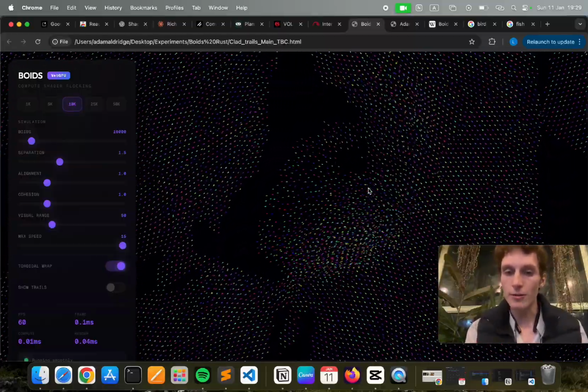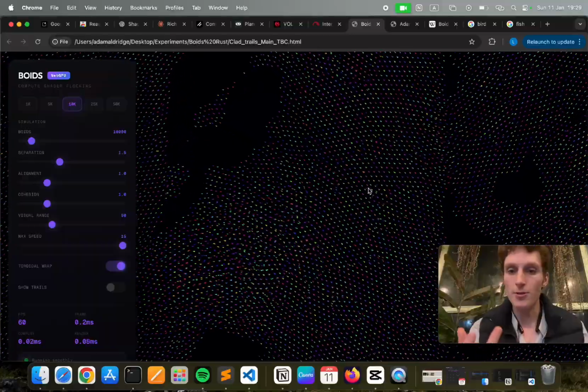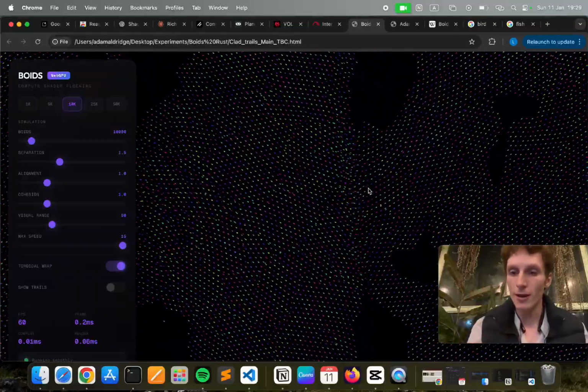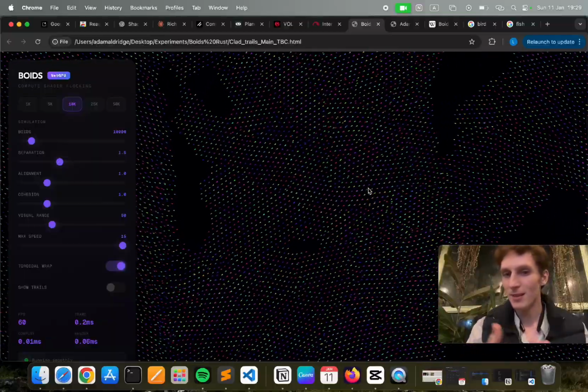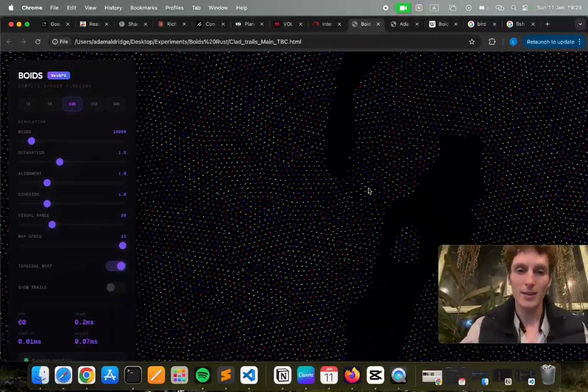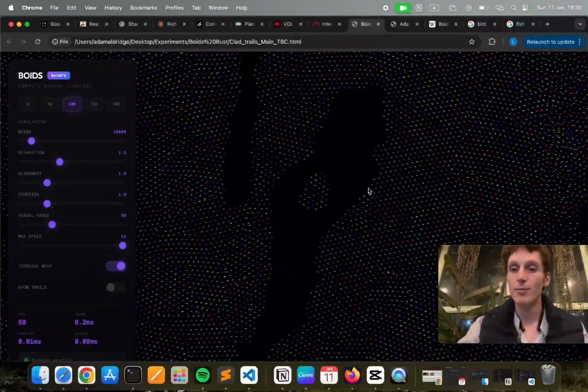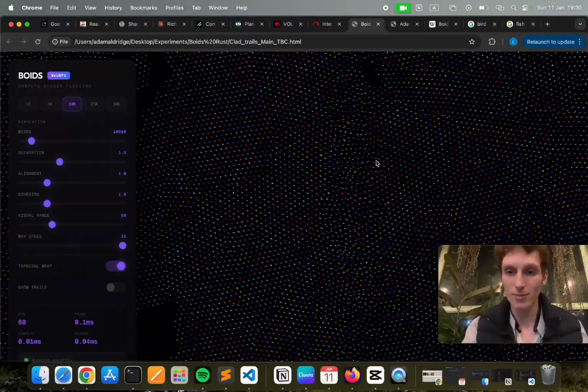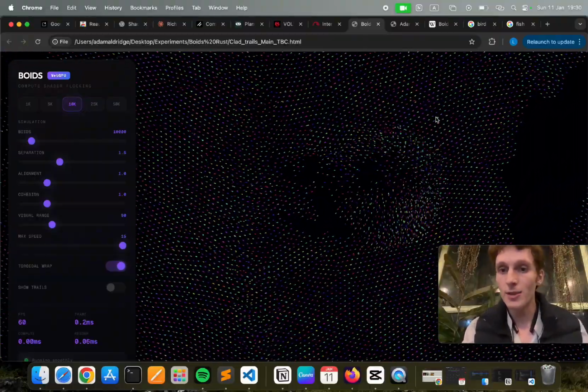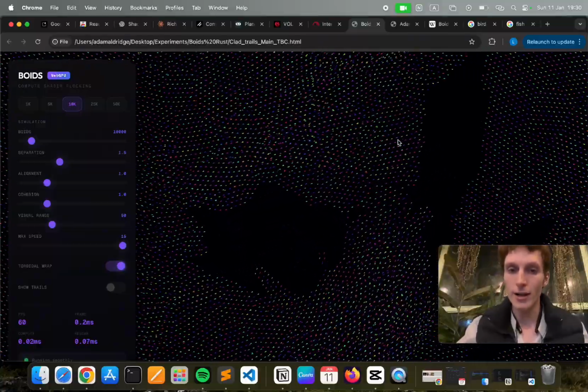Anyway, the point of WebGPU is it allows the program to use the graphics card, and that allows you to do many calculations in parallel, such as calculating the position of Boids and especially the rendering of the Boids.